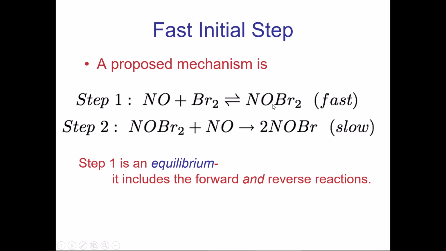We can't just stockpile this and wait. It will start breaking down and going back in the opposite direction until we reach an equilibrium. The double-headed arrows indicate an equilibrium is reached, where NO plus Br2 is creating NOBr2, and the NOBr2 is breaking back down into the two molecules NO and Br2 again.